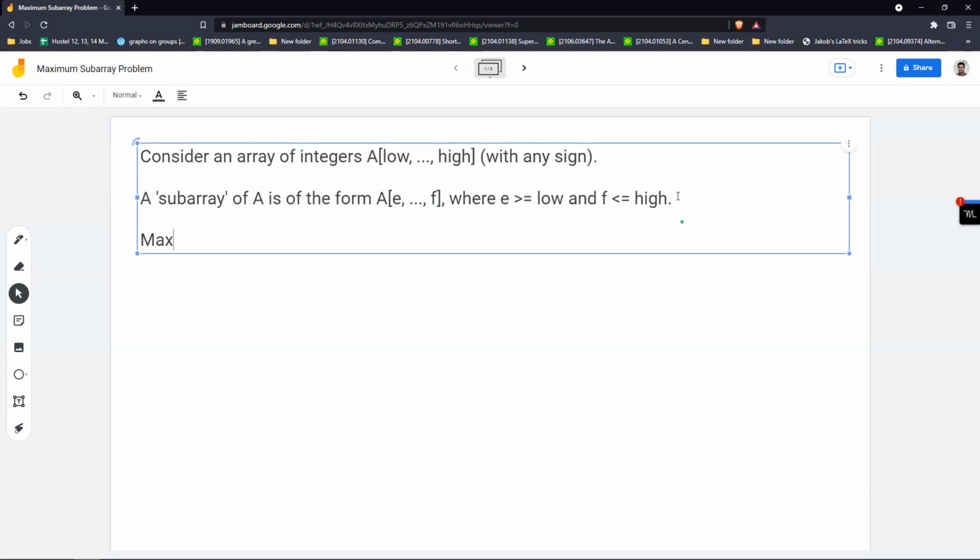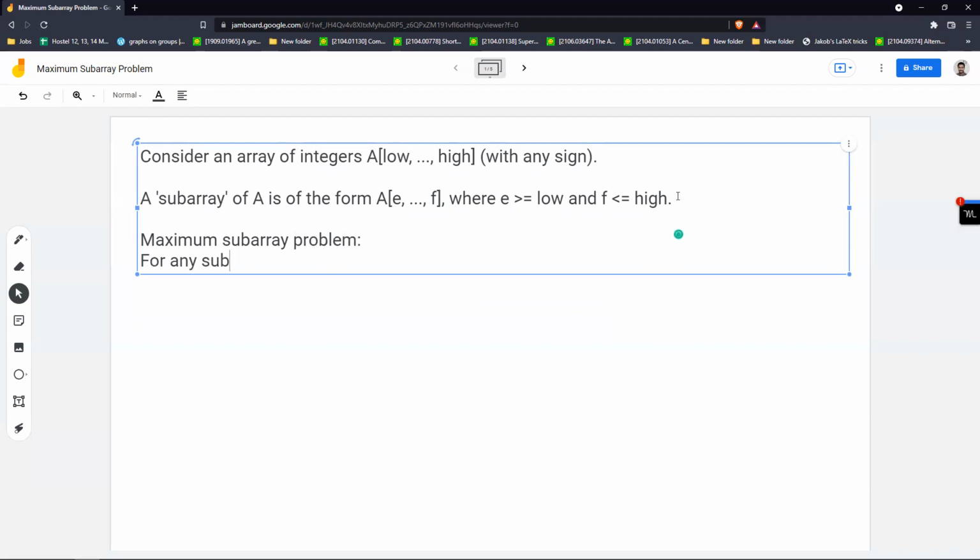So what is the maximum subarray problem? For any subarray, let's call it e dot f, you see, it is completely determined by the lower endpoint and the higher endpoint. E and f determine what the subarray is.